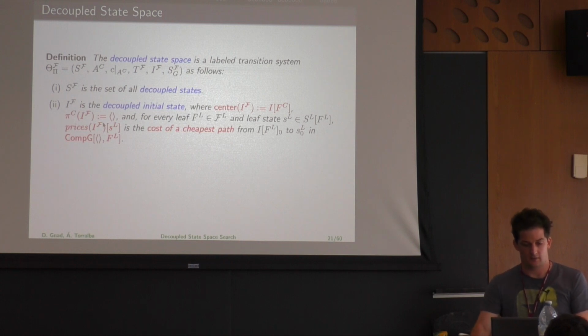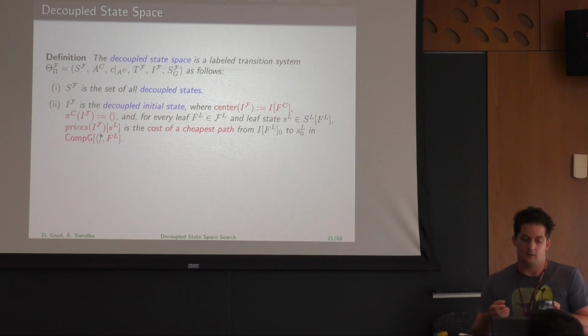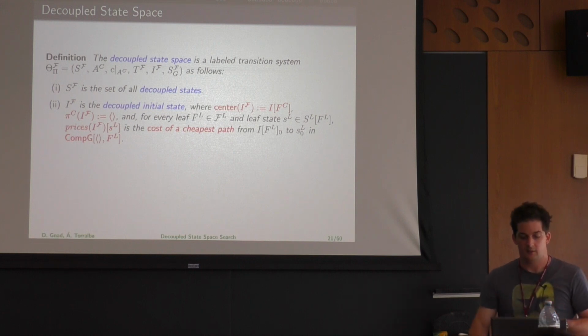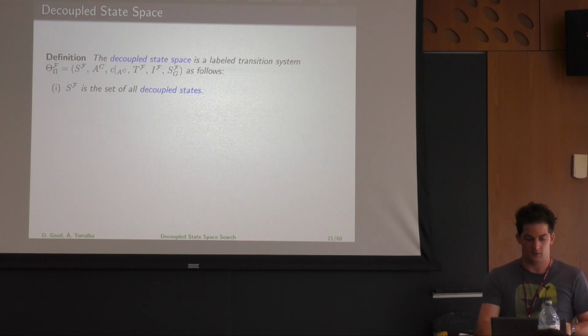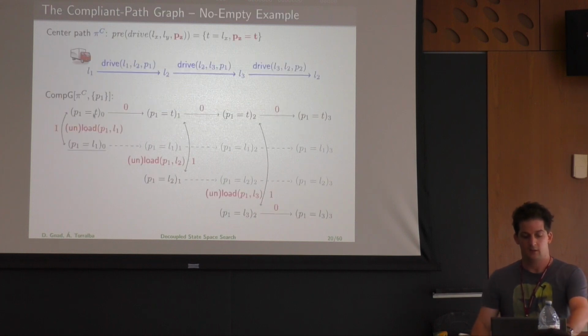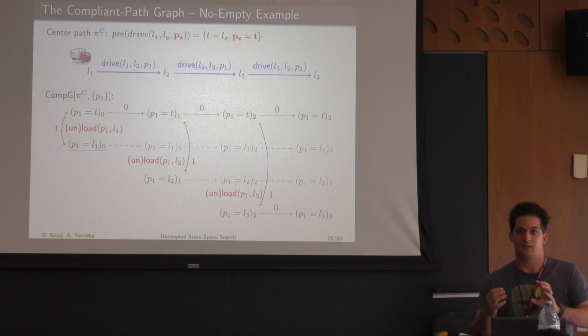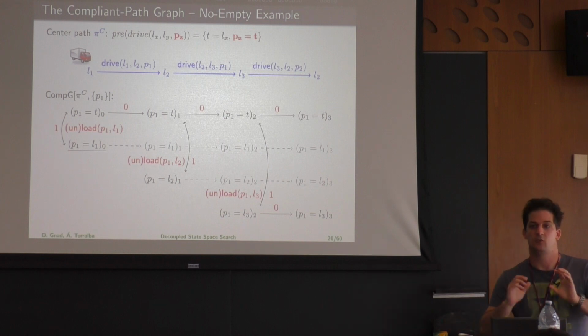We have not done anything yet, and the pricing function captures the cost of all cheapest compliant paths that lead from the initial state of each of the leaves to this state in the compliant path graph. So basically this is like in our example here, this first transition, we can choose to load the package into the truck and thereby extend the original initial state.